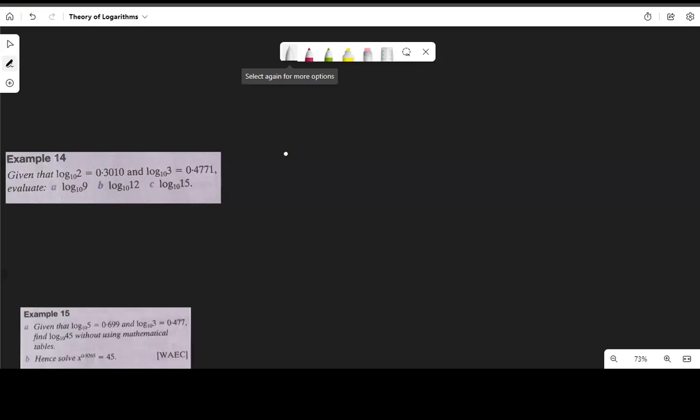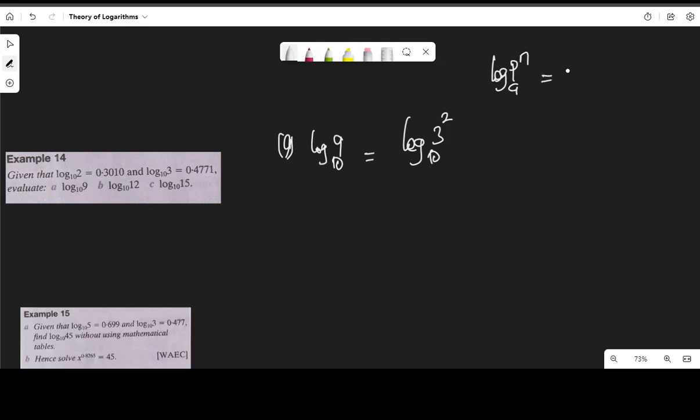What do I mean? Log 9 to base 10, for example, I can write 9 as 3 to the power of 2, then to base 10. Then if I apply the law that says log p to the power of n to base a is n log p to base a, if I apply it here, I will have 2 log 3 to base 10.